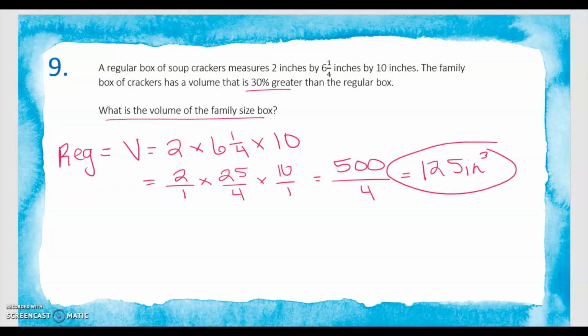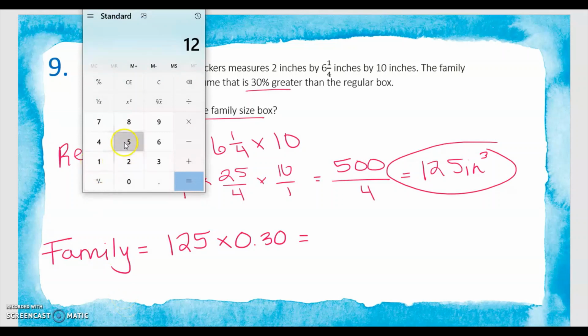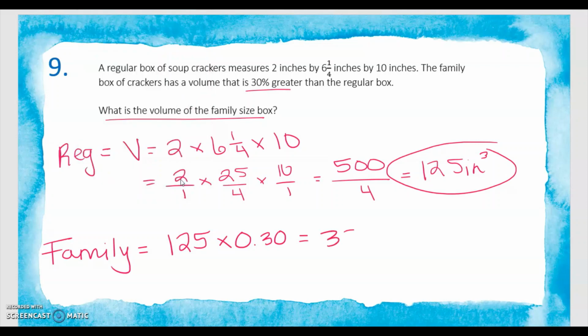Okay, but the family box is 30% more than that. So if I can find 30% of 125, I can add that to 125. Remember, when we find percent, we can say 125 times, we can change 30% into a decimal. And 30% of 125 is 37.5.